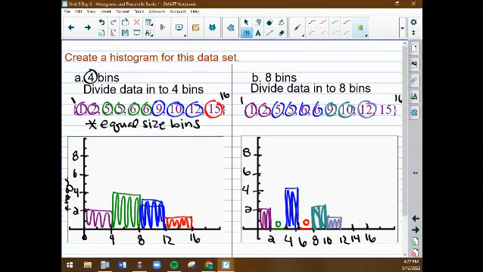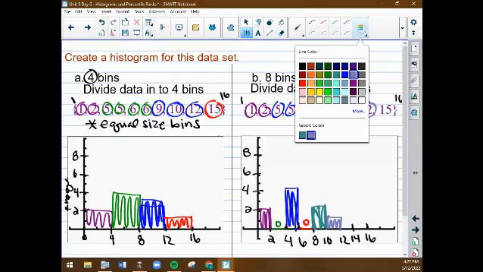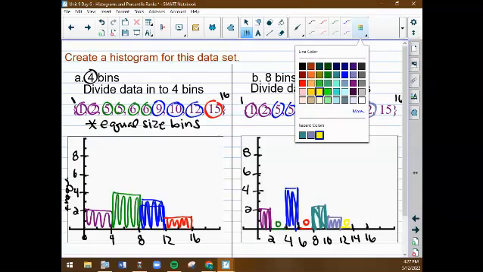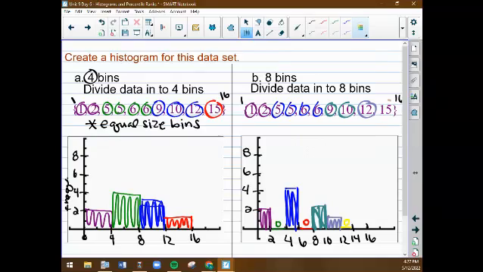And then how many do I have between 12 and 14? So it would be like 13, 14. Well, I have none, so I'm going to put 0. And then lastly, between 14 and 16, I have 1 value between there, okay?